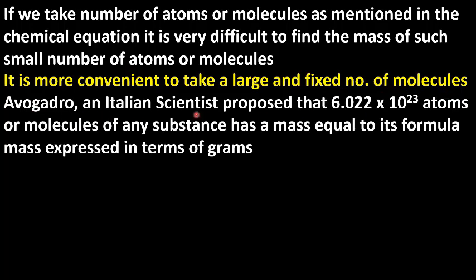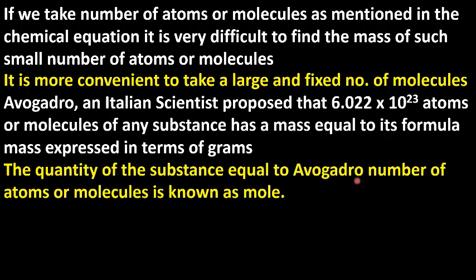Avogadro, an Italian scientist, proposed that this fixed number is 6.022 into 10 to the power 23. Either atoms or molecules of any substance of this number have a mass equal to its formula mass expressed in terms of grams. Formula mass expressed in terms of grams is nothing but gram atomic mass or gram molecular mass.